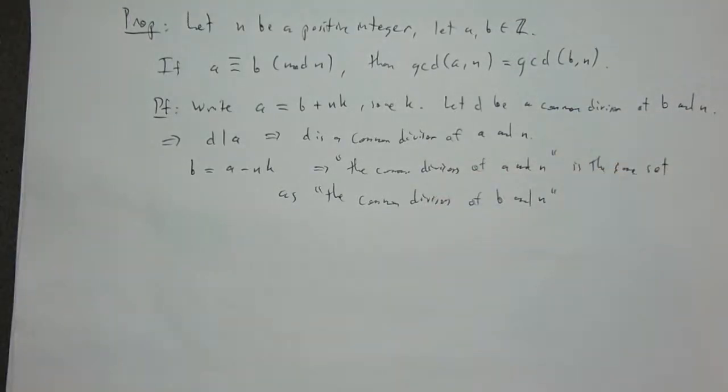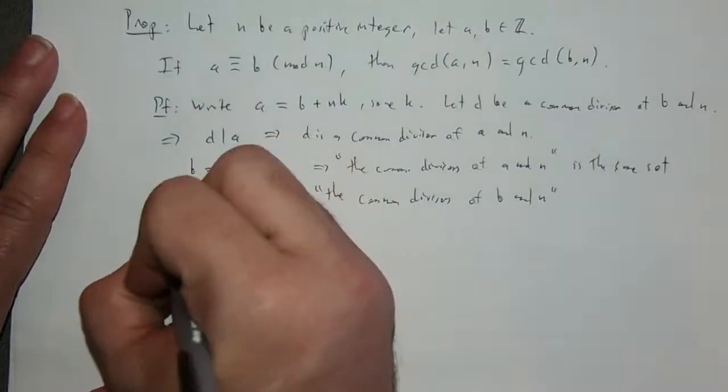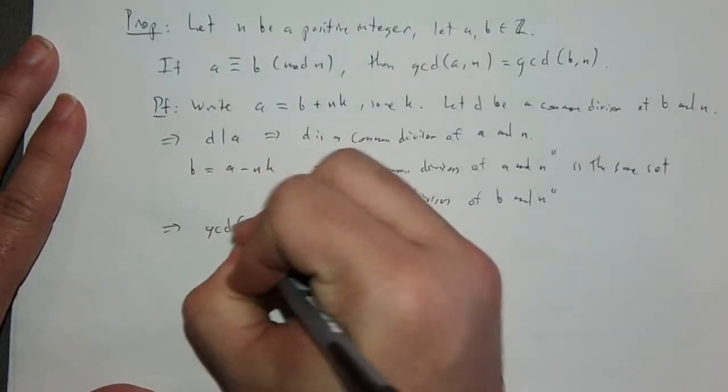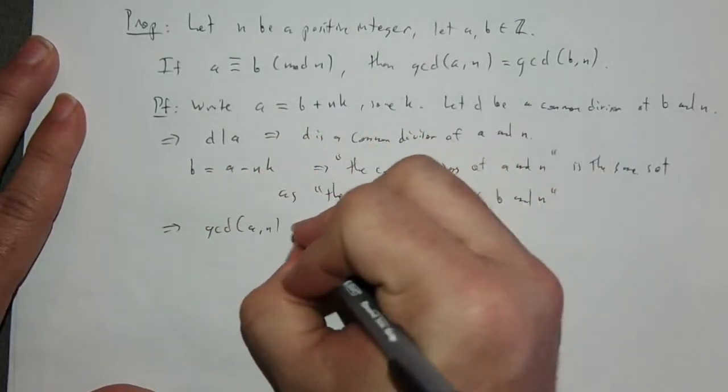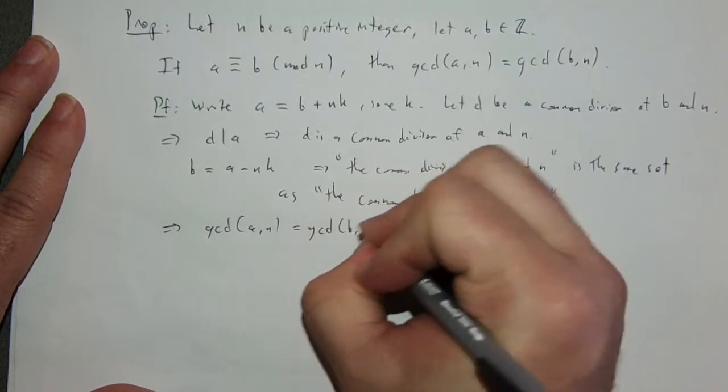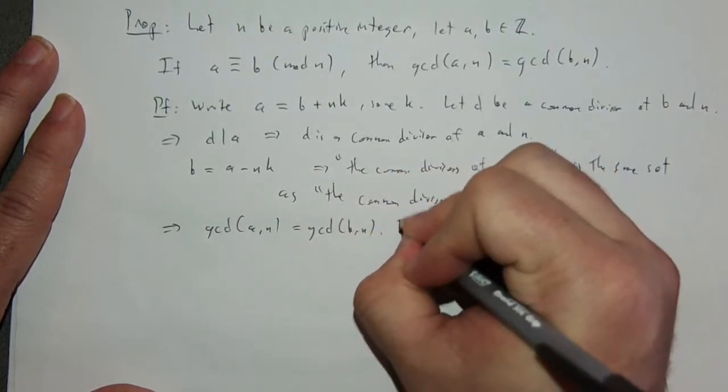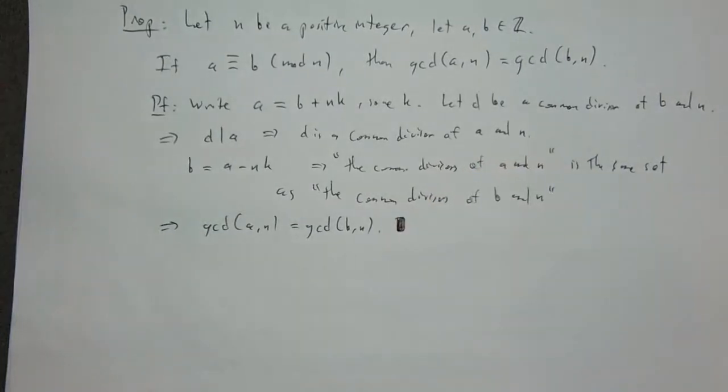So those two sets, the set of all common divisors of a and n and the set of all common divisors of b and n, those are identical as sets, and we just showed that, right? We showed both directions of set inclusion here. Okay. Well, if they're the same set, then they have the same largest element, so they have the same GCD. So GCD of a and n is GCD of b and n. And that's how it goes.